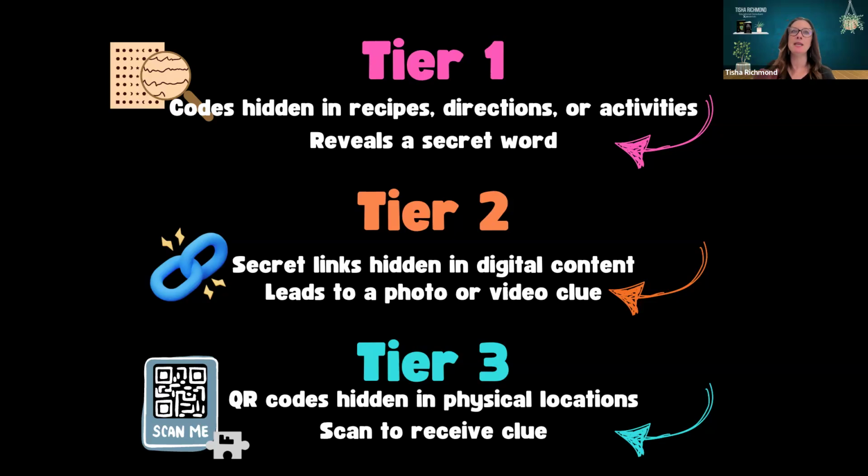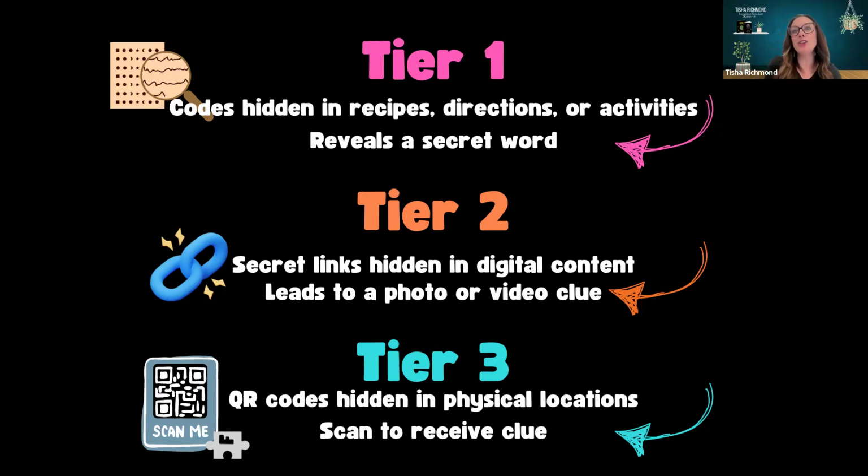Tier two might be that you are hiding secret links in your digital content. Maybe when they click on those links, it's going to open up a photo or maybe even a video clue. It's so easy for us to create videos now, even if we do it on our phone or in a free platform like Canva, we can easily create those little video clips.